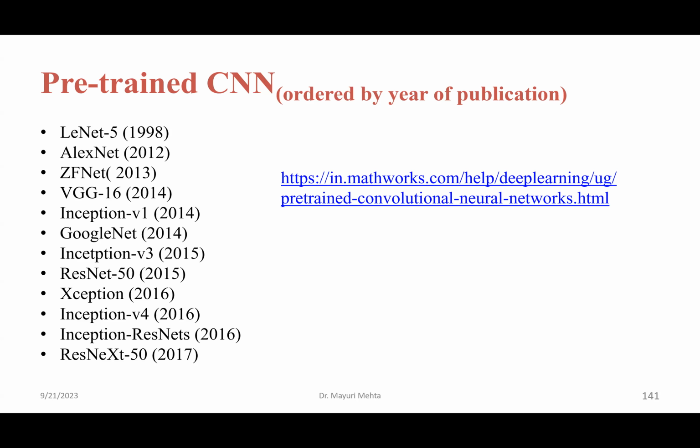Every year a challenge is organized, and the models that win that challenge, these are the models that won the ImageNet Large Scale Visual Recognition Challenge in different years. So many pre-trained convolutional neural networks are available.